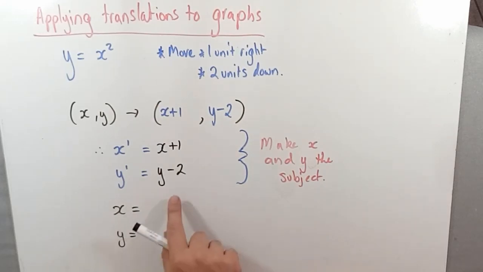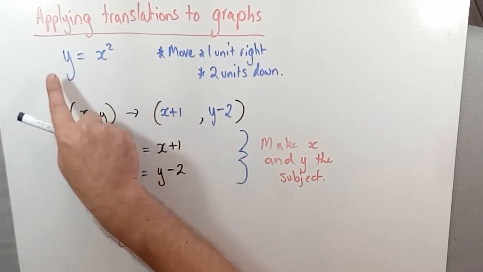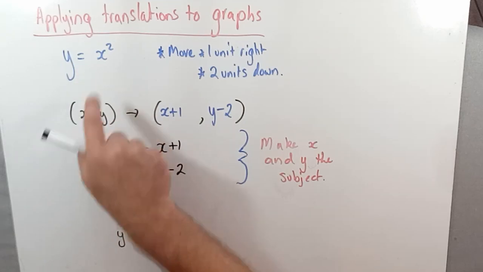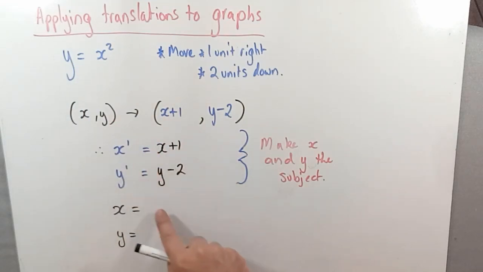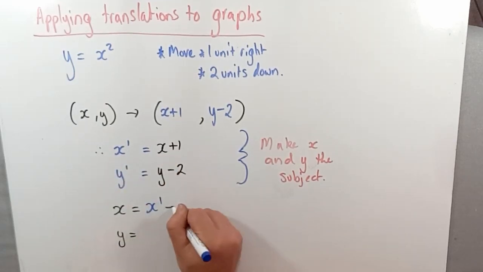Okay, so if we want to work out what our y image graph would look like after we've applied these transformations to this graph, I've got this graph in terms of y and x. So I need to rearrange this formula to get x and y as the subject. If I rearrange this one to get x as the subject instead of x image, I'll get x image minus 1, moving the minus 1 across.